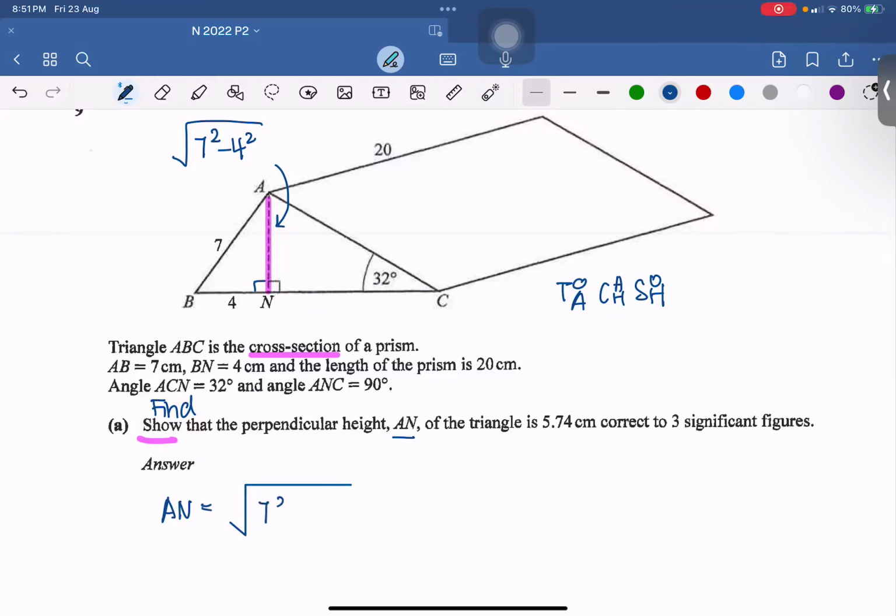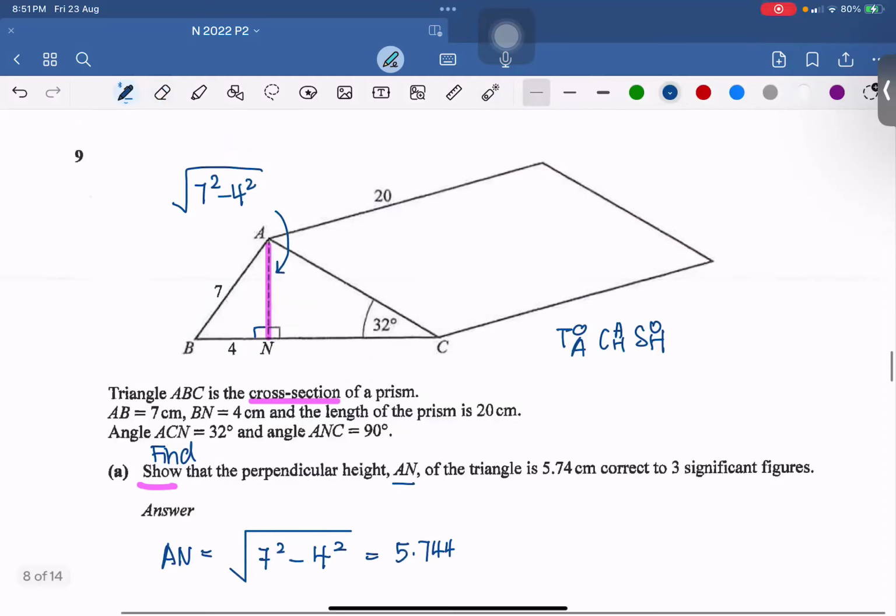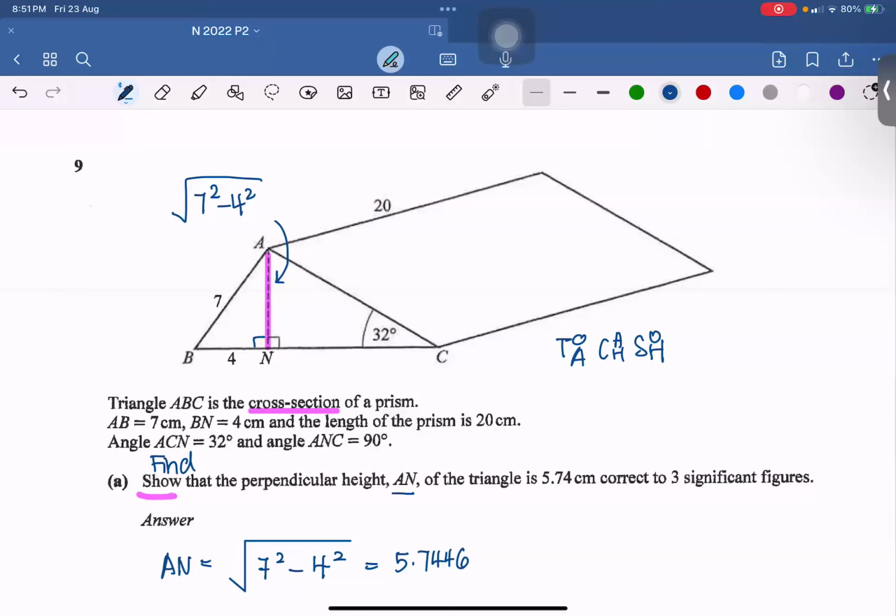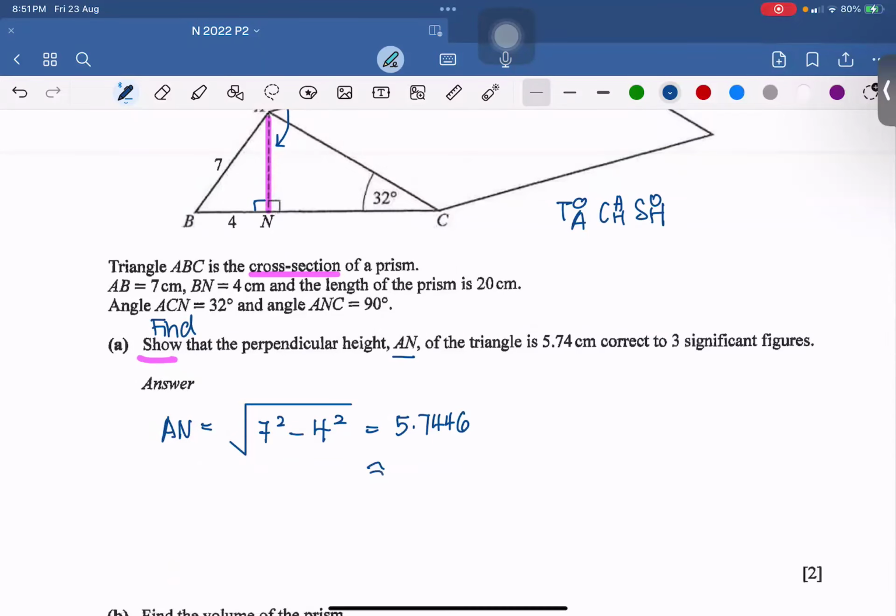The shorter side, so I take the hypotenuse minus the shorter one, so square root of 33 is 5.7445, round off to 5.74. Shown.